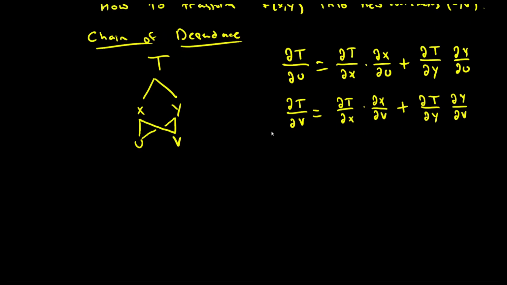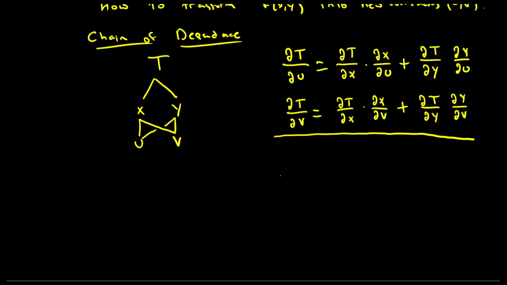And if you think of what this is saying, it's saying that the partial derivatives of the temperature in the new coordinates u and v are directly related to the Jacobian matrix of the coordinate transformation, as well as the partial derivatives in the original space.